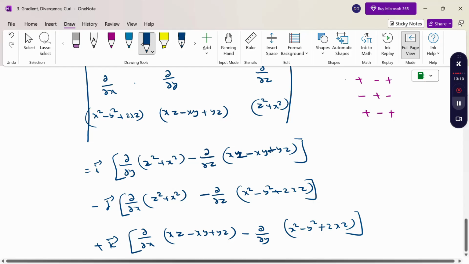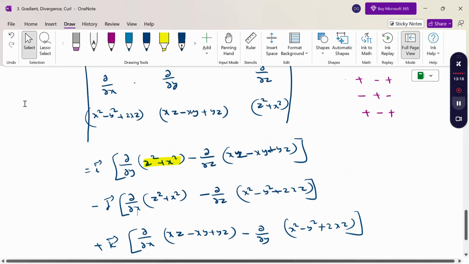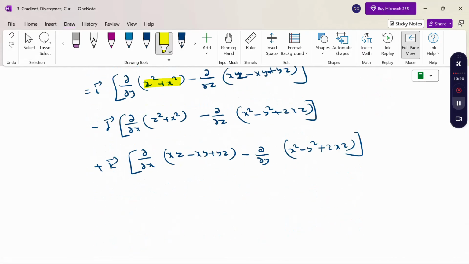Now differentiate the first term. When I differentiate with respect to y, the whole term is constant, there is no variable, therefore the first term is 0, i vector 0. Next, z is the only variable. Here is z, here is z, other values are constant, therefore minus x constant, when z is differentiated gives 1, minus xy gives 0, all values are constant, plus y into z differentiation 1. So this is the first term.